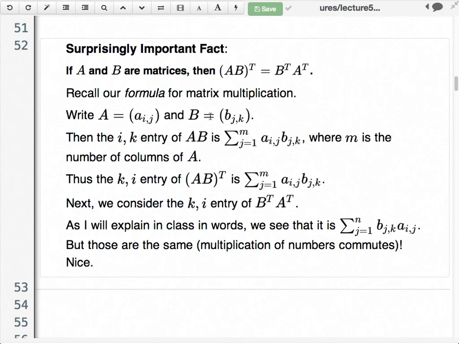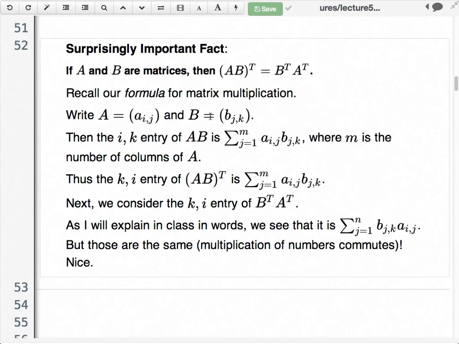We have a formula for the product of two matrices, and all you have to do is be very careful in applying this formula to this product over here. If we do that, it will work. Any possible mistake we make will hopefully mean that this won't work.